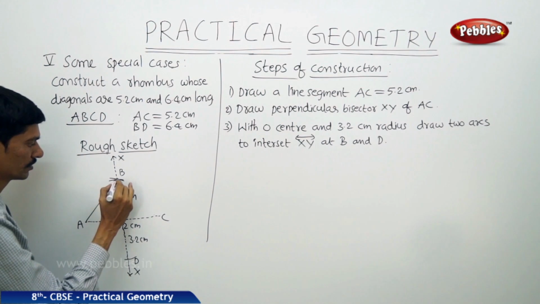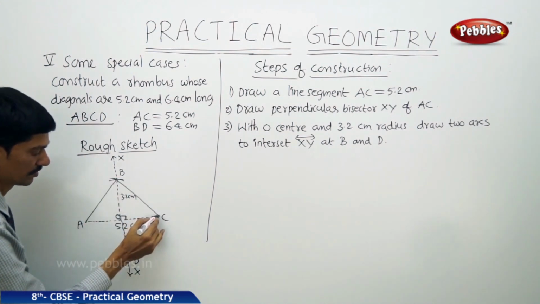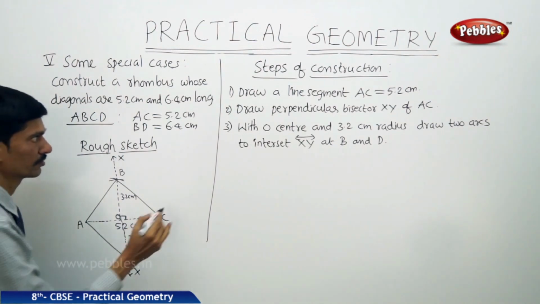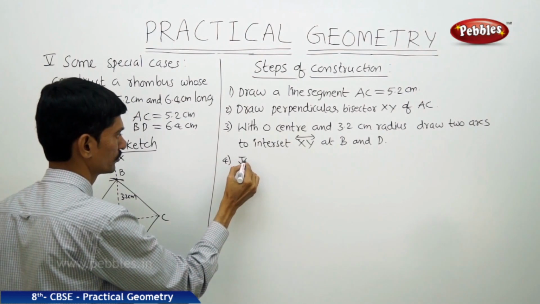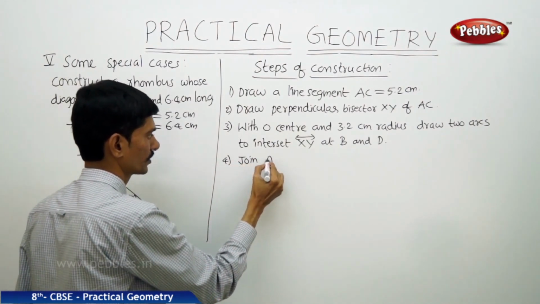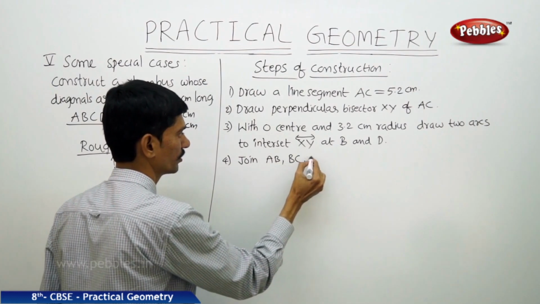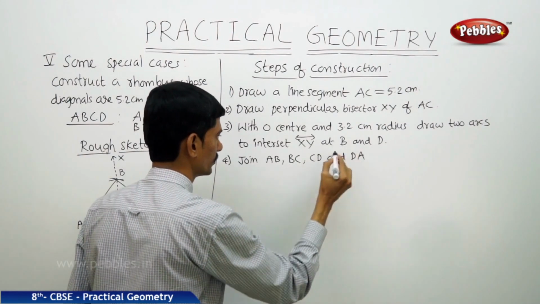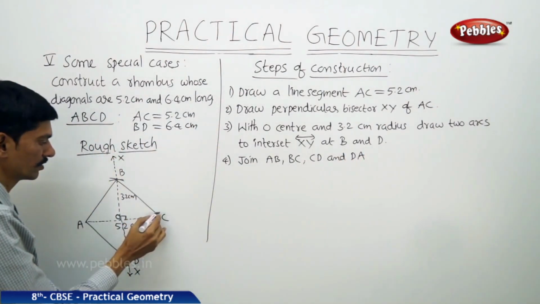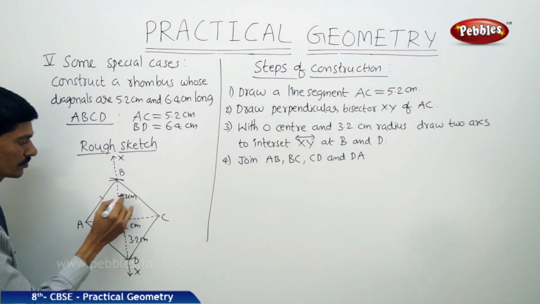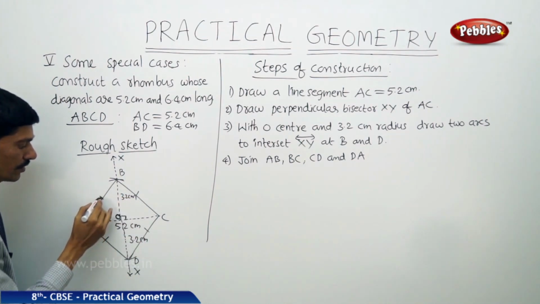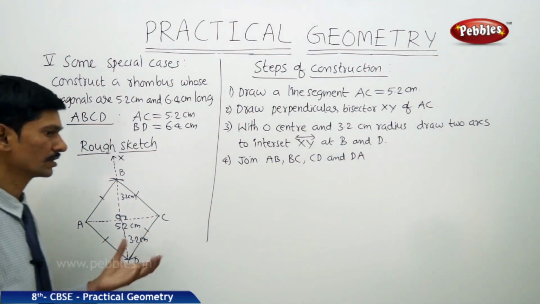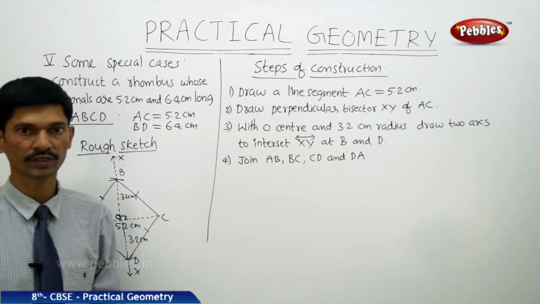Then join AB, BC, CD and DA. So obviously the length of all these sides will be the same. So these four sides are of equal length. Hence the required rhombus ABCD is constructed when only the two diagonals are given.